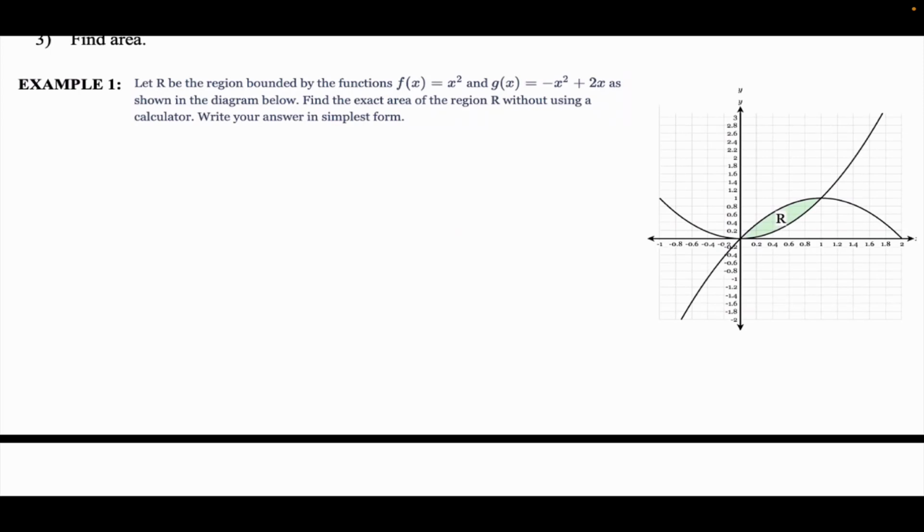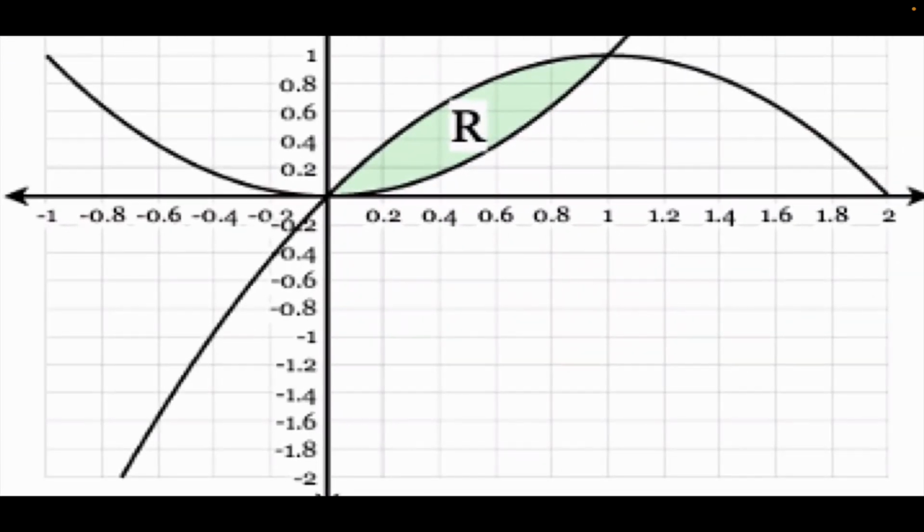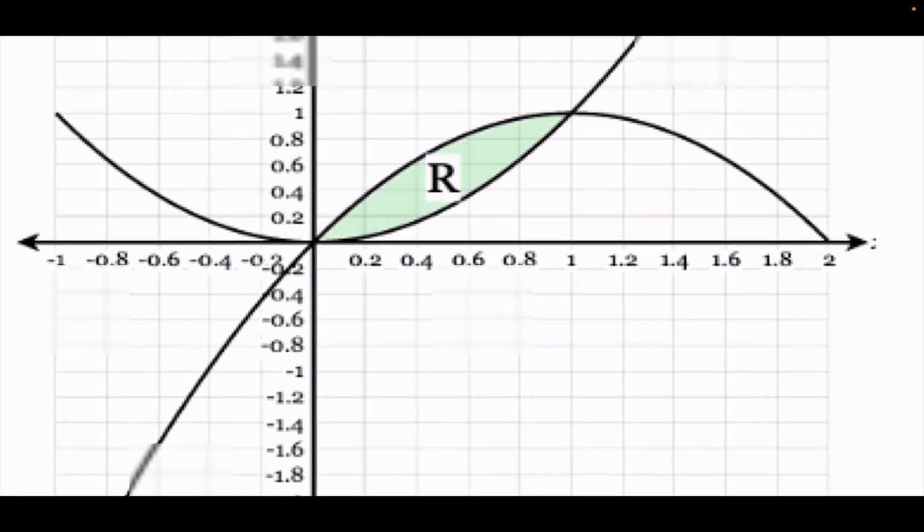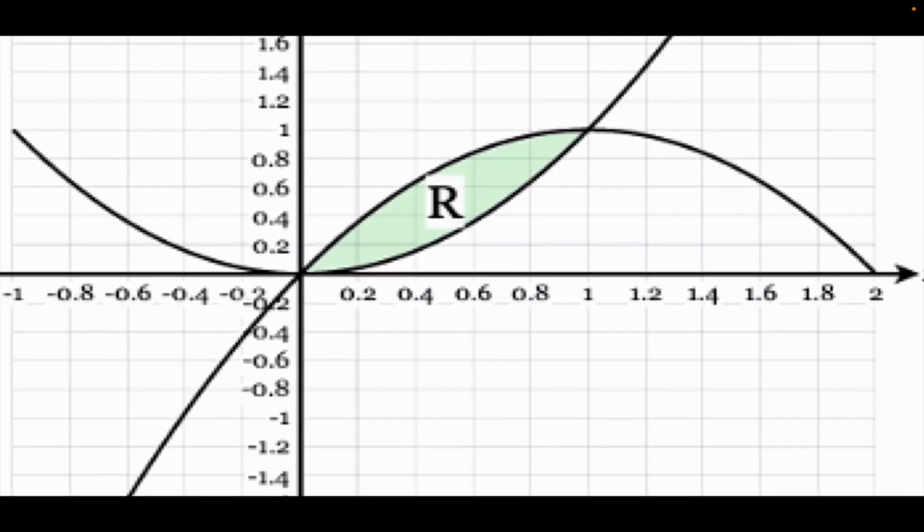Well, the first thing we need to do is figure out what the top curve is and what the bottom curve is. We have two curves. Let me highlight them. We got this guy, and we got this guy.